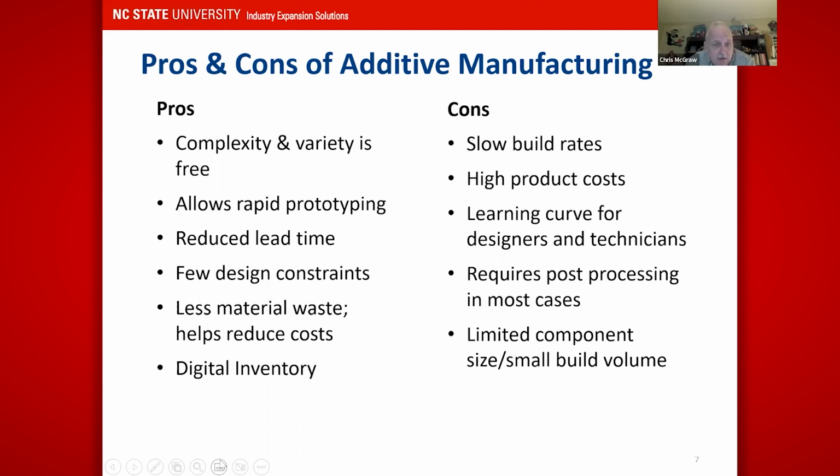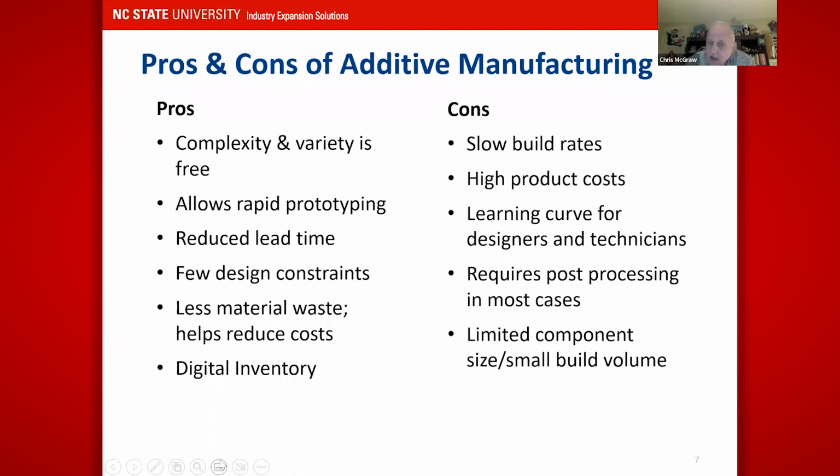So think in terms of environmentally, if I can make a part and don't have to cut anything off of it or have very little material to be removed, then I have less waste, less things going to the landfill or have to be dealt with whatever way. And we can have a digital inventory, meaning that instead of having actual physical parts, we as a manufacturer can potentially have a digital inventory and just manufacture on demand from that digital inventory.